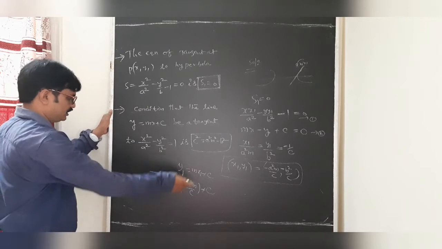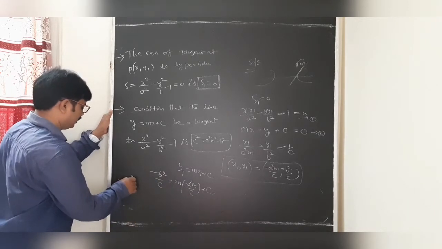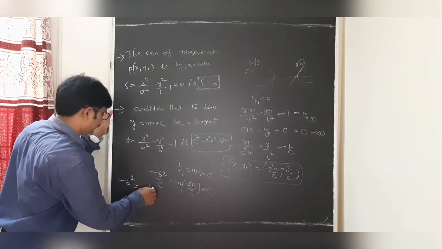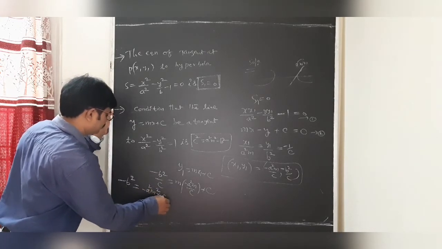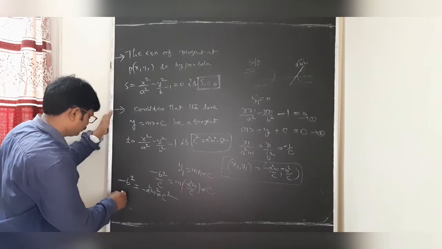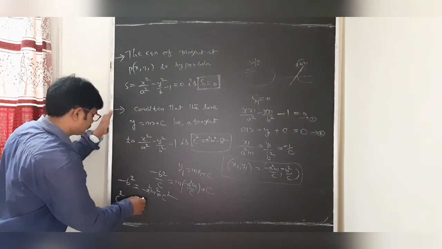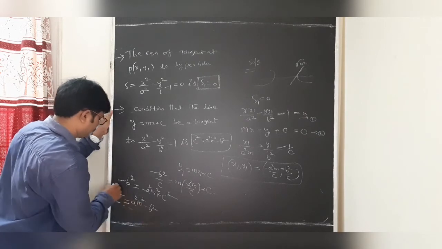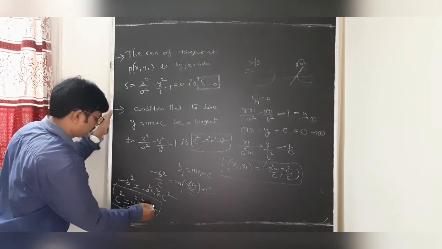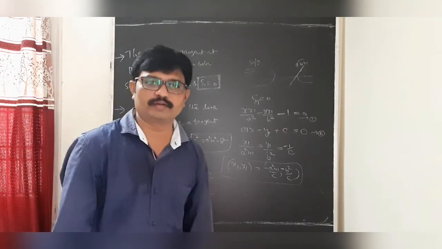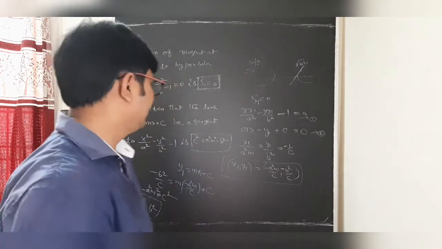Sending c to the other side, we get minus b square equals minus a square m square plus c square. So c square equal to a square m square minus b square. This is the condition.